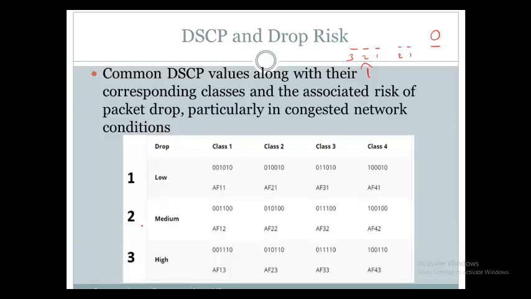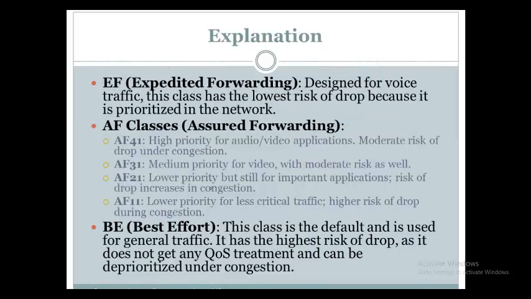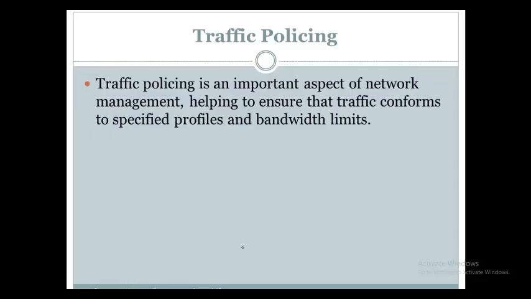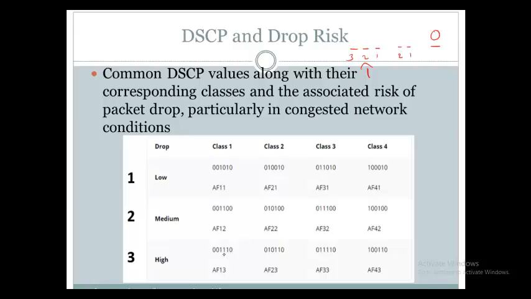All right, now let's take this one. It is written AF32. For AF32 here you see 0, 1, 1 and then 1, 0, and the last number is 0, which is here.